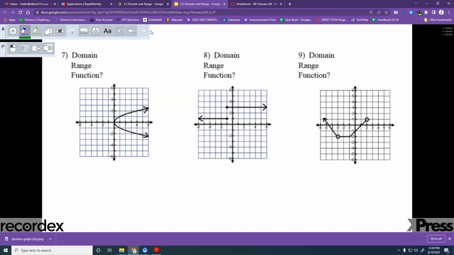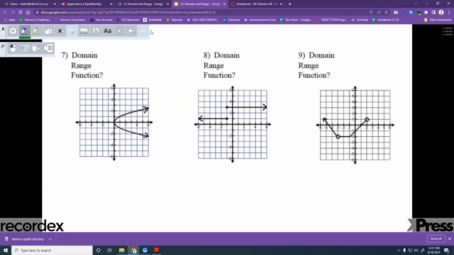Domain. Not for domain. Okay. So, for domain, we have got... All right. We got to think this way. Do we have anything over here? No. So, it's not going to be negative infinity, because if it was, we'd be hitting the graph here.